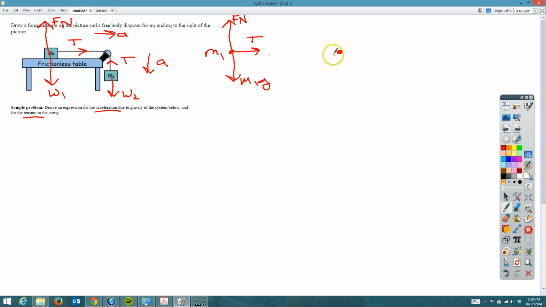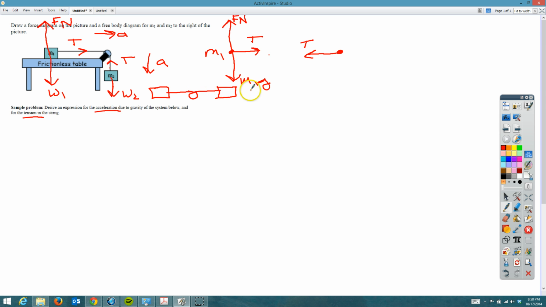For mass 2, instead of drawing the tension going up, we're going to say that up now is to the left for us. So this is the other tension. All we're doing is making this thing look more like this. We've got our box, we've got our pulley right here, and then we've got our second box. We've just taken this box and rotated it up.